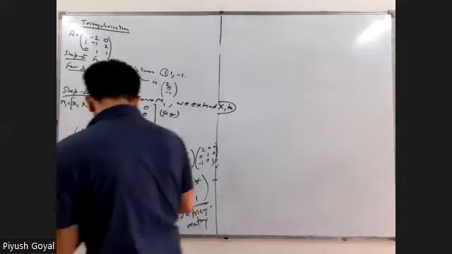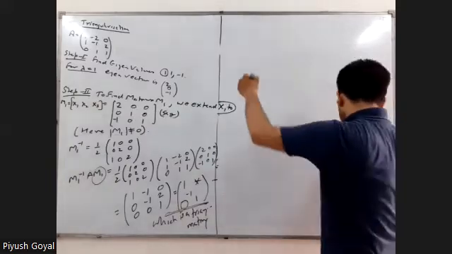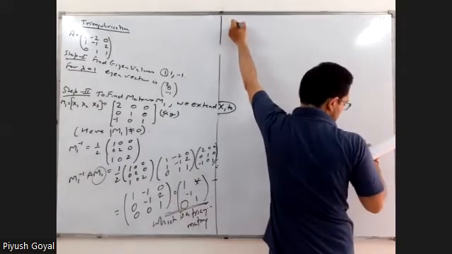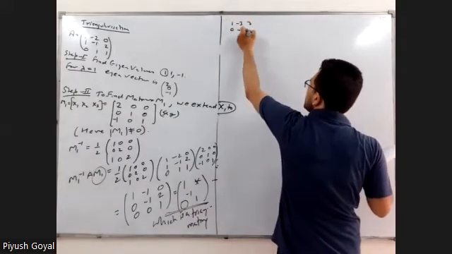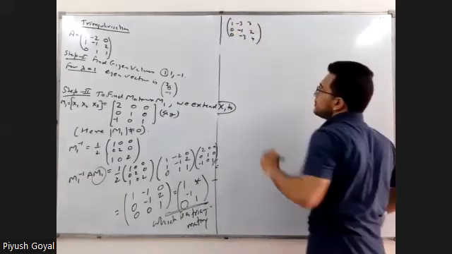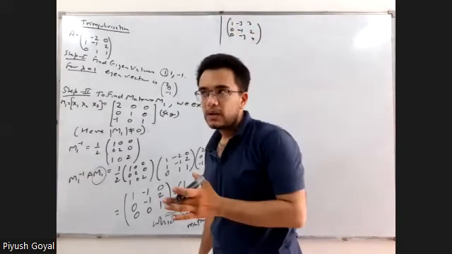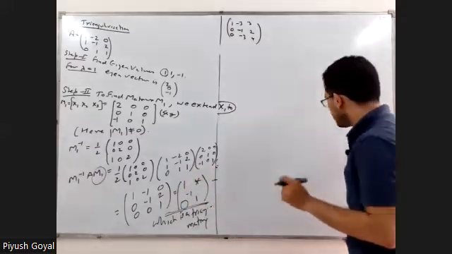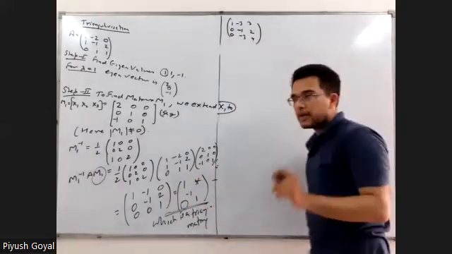The next numerical is given to be this matrix: 1 minus 3 3, 0 minus 1 2, and 0 minus 3 4. I again request you to fetch all the questions in your unit 2.